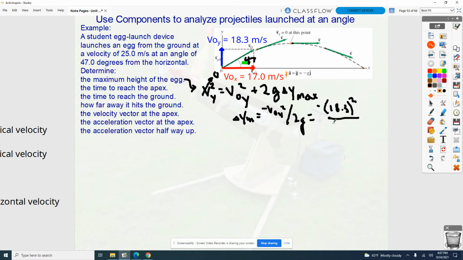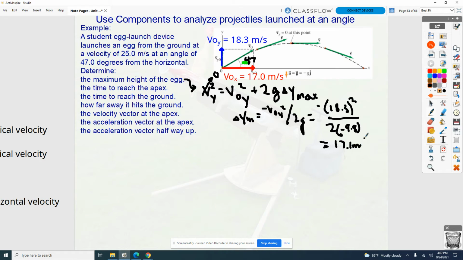Let's square that and divide by 2. Remember, I'm calling upward positive, so g will go in as a negative 9.8. And my trusty calculator gives me that 18.3 squared, divided by 19.6, is about 17.1 meters.